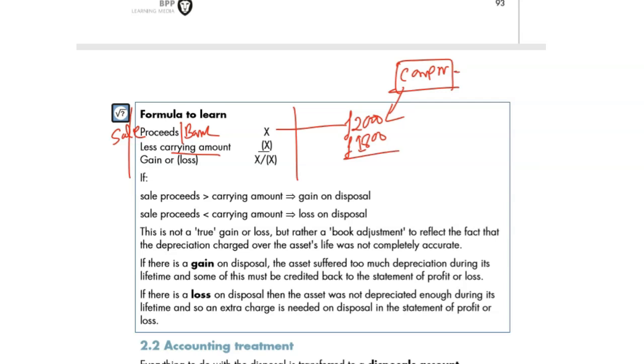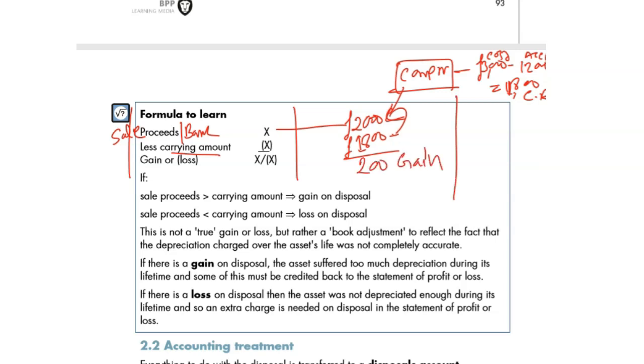The asset maybe cost 3000, minus 1200 accumulated depreciation, so we get 1800. All imaginary figures, okay? That is the carrying amount, 1800. But we sold it, we disposed of it for 2000. We are happy, aren't we? It's a good thing. You're dancing. Wow, super duper good. So that's 200 gain.